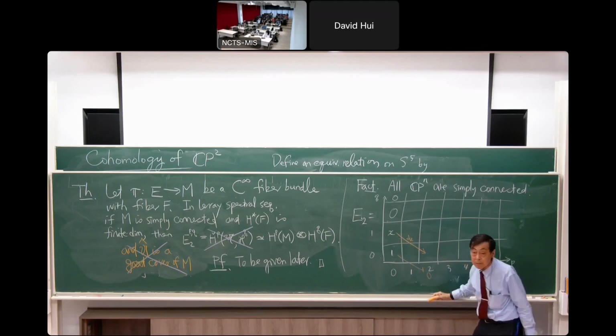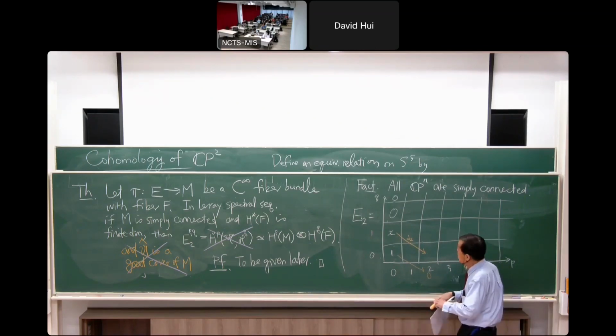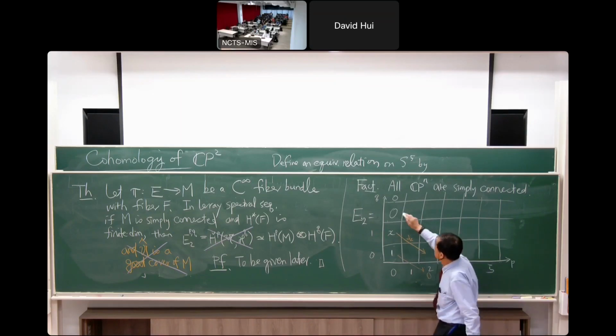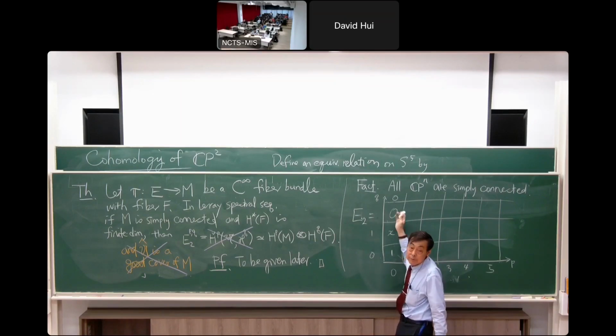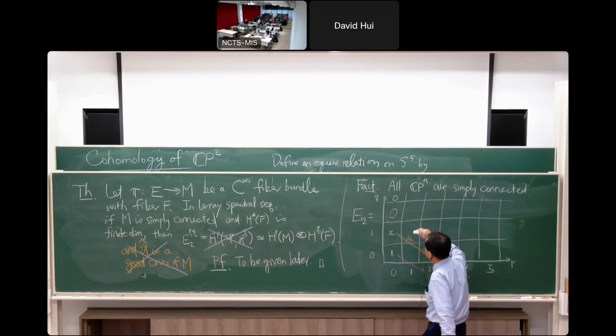This one may or may not be 0. All the others are 0 because E2 is a tensor product, so if one term is 0, then the whole thing will be 0. You're taking the tensor product of the 0th column with the 0th row.